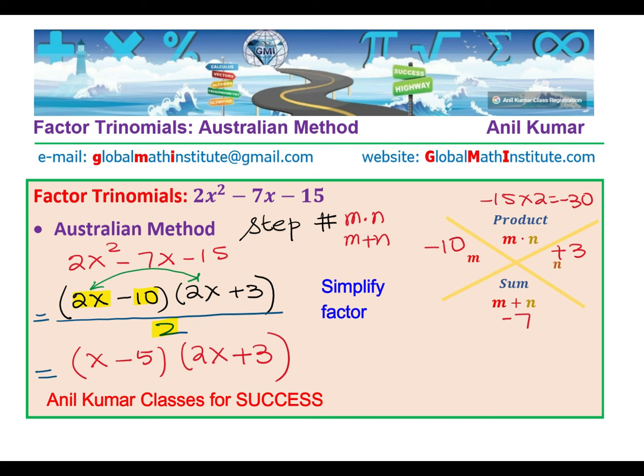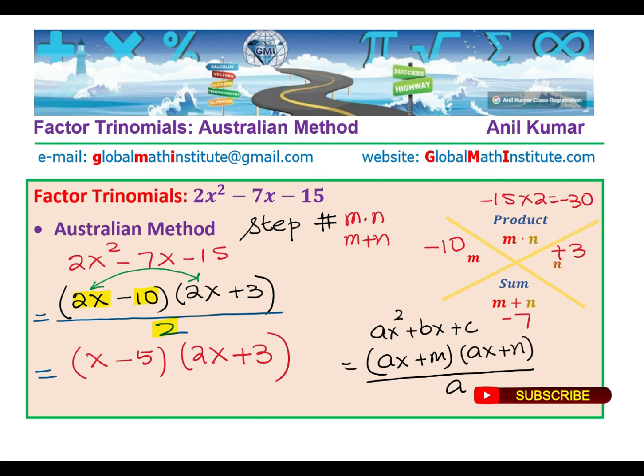So basically what we are trying to do is, once we find the m and n terms, then in general, if the equation is ax squared plus bx plus c, we write this as ax plus m times ax plus n divided by a. Now, this was a simple case when a was divided into one of the factors. Sometimes we need to simplify both the factors, and that is what we are going to see in coming examples.